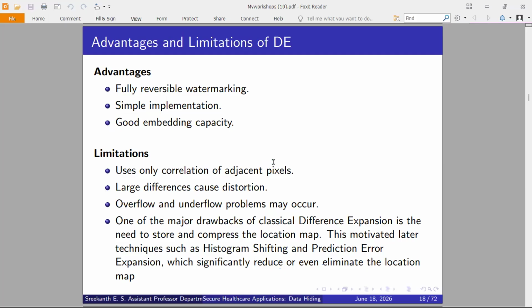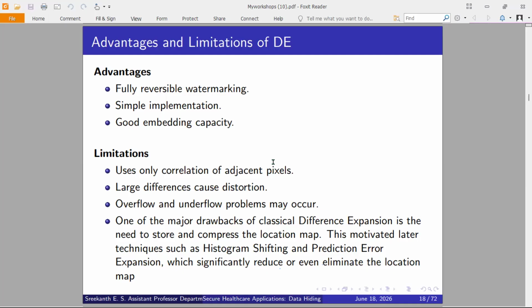We cannot depend on all pixel pairs, because if the difference is very large, it will affect the resulting marked image quality. If the correlation is high, meaning both are almost similar values, then obviously the resulting image will be very good. Otherwise, it will affect the PSNR.